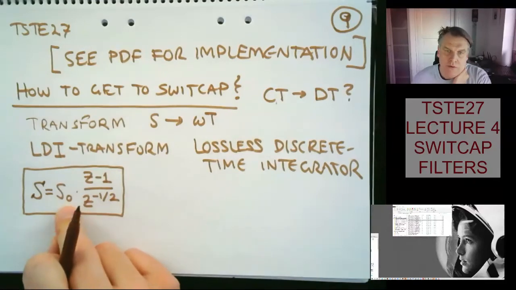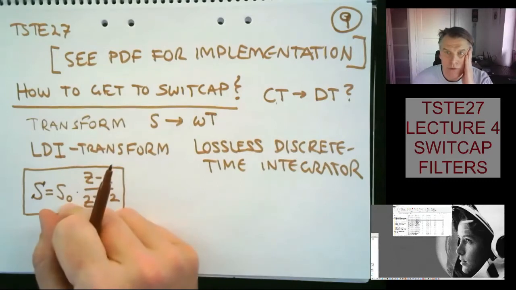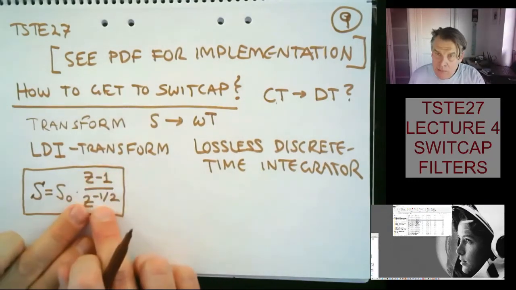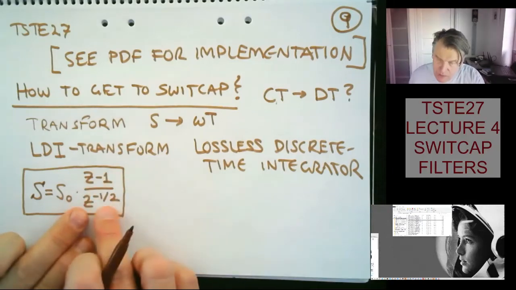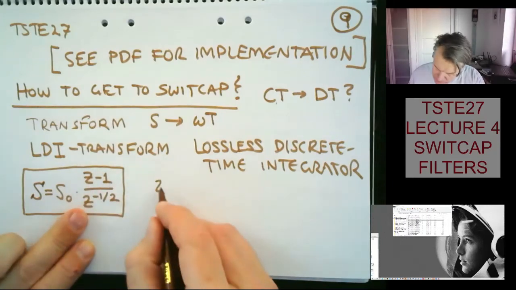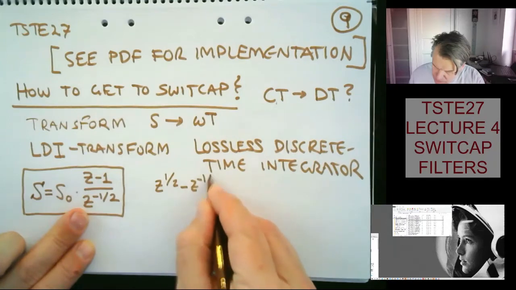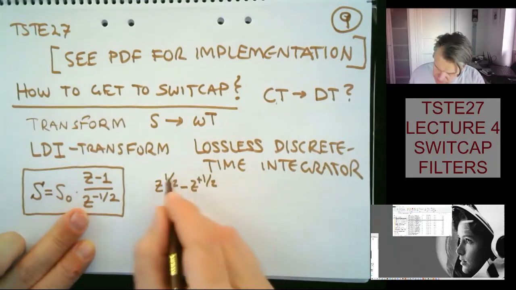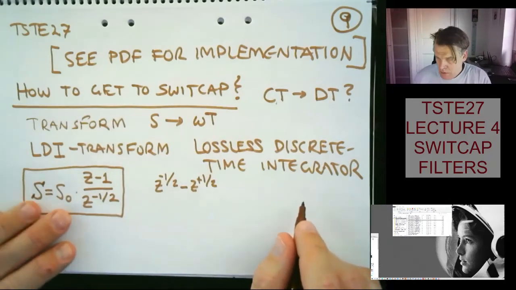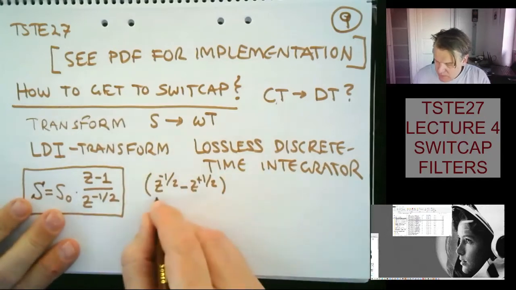S naught is a scaling factor, and that's just a choice on your frequency domain. One can quite easily, here we have Z minus 1, I can break out Z to the minus half, this expression here I can write in the following manner: Z to the half minus Z to the minus half, and so on.